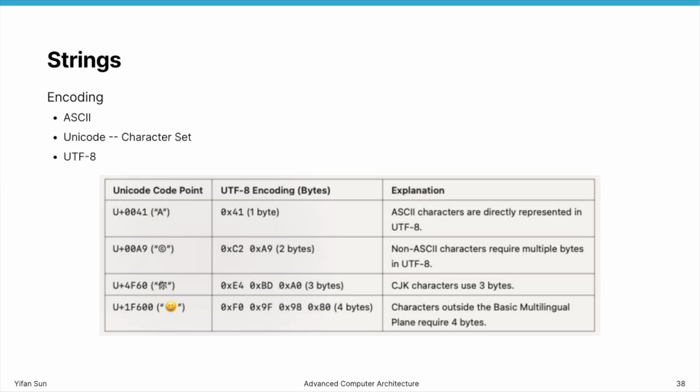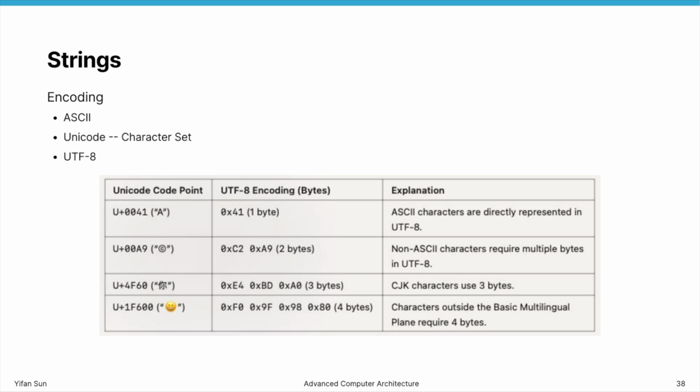So a quick question: how can it support 1 byte, 2 bytes, 3 bytes, and 4 bytes? One of the bits is an indicator that there are more bytes. It's a very common way for compression. For example, the first byte is always an ASCII code, but there's a reserved bit, right?